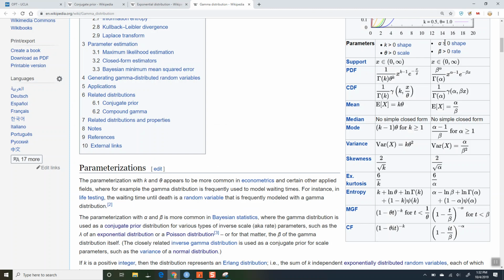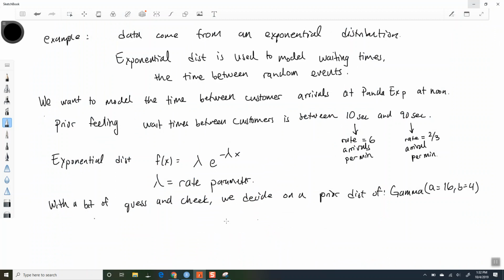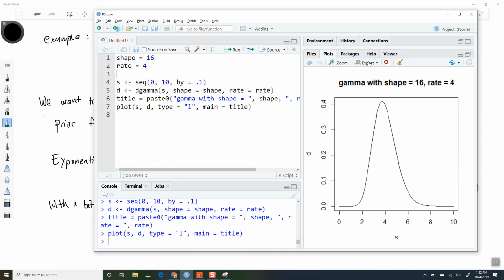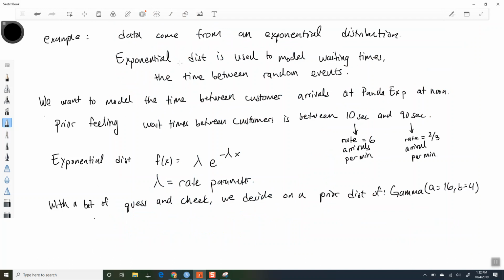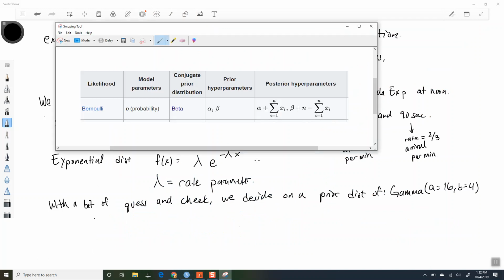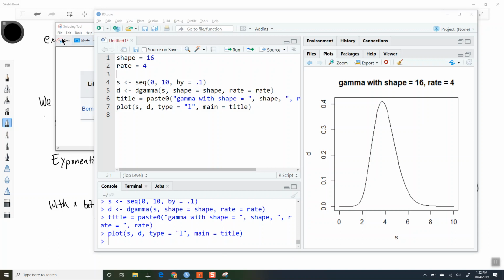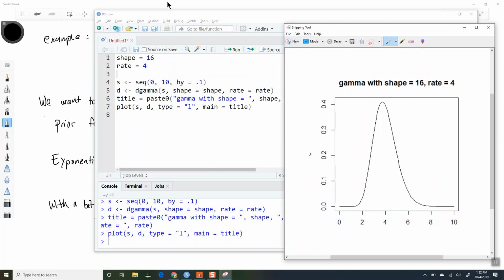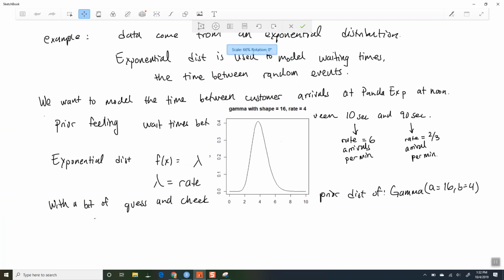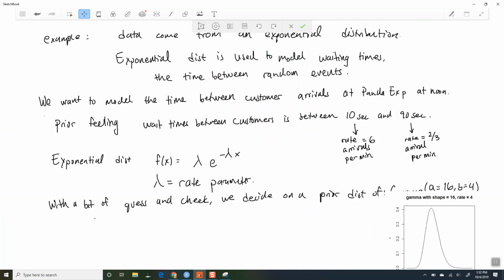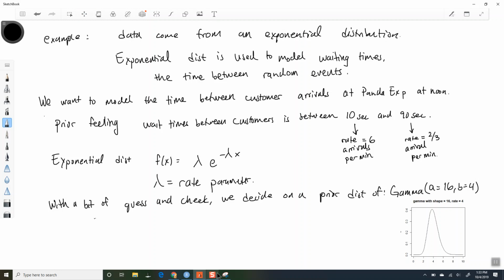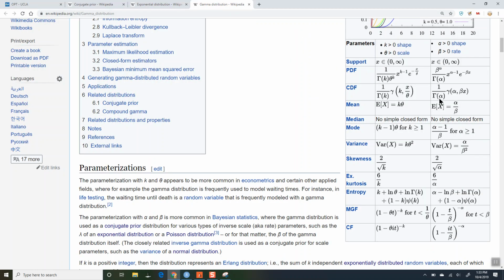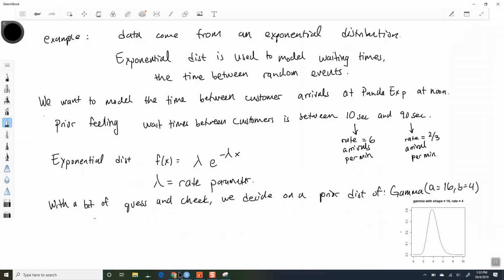Okay, sorry, yes, A is 16 and B is 4. So the mean is A over B. I think that's right.